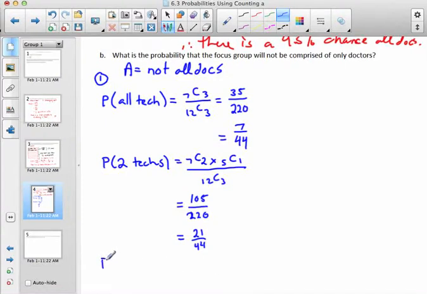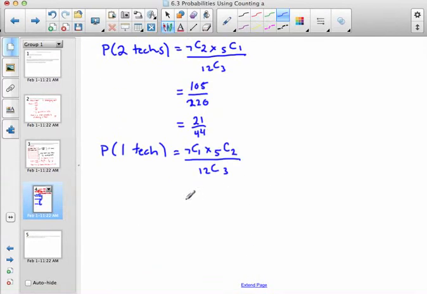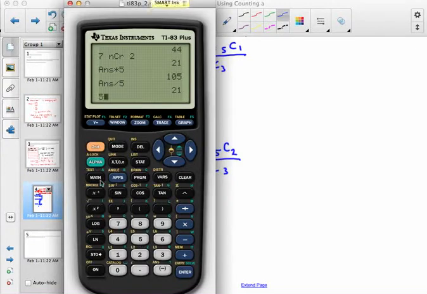And lastly, the probability of 1 technician. And that is 7 choose 1 technician. However, we have to account for the fact that the other 2 spots are going to be filled by doctors. So 7 choose 1 is 7, but 5 choose 2 is 10.